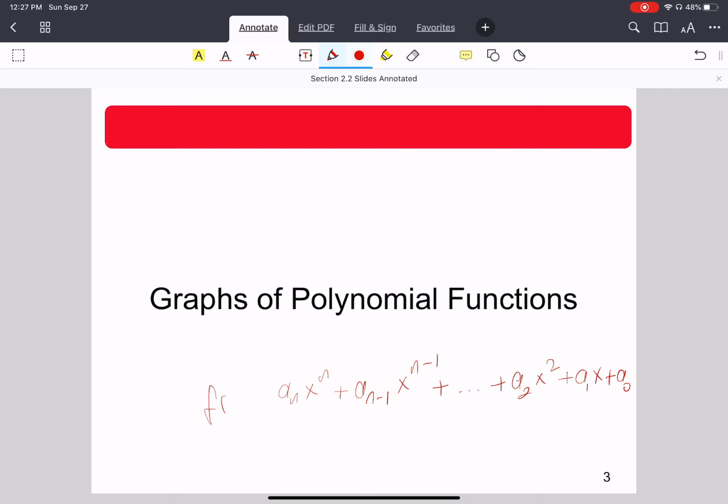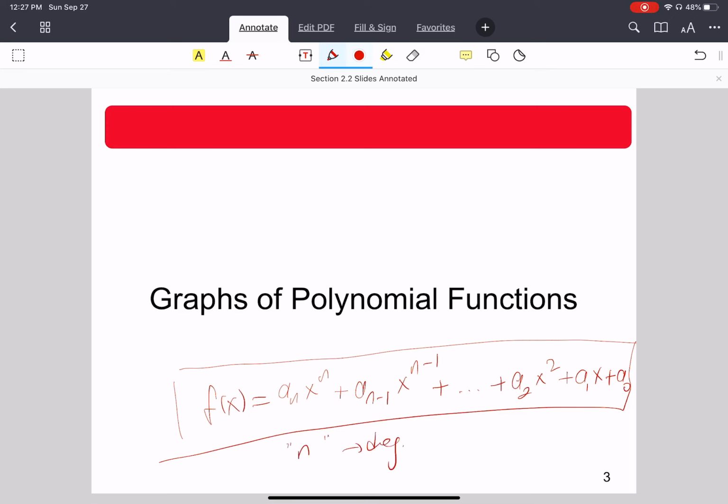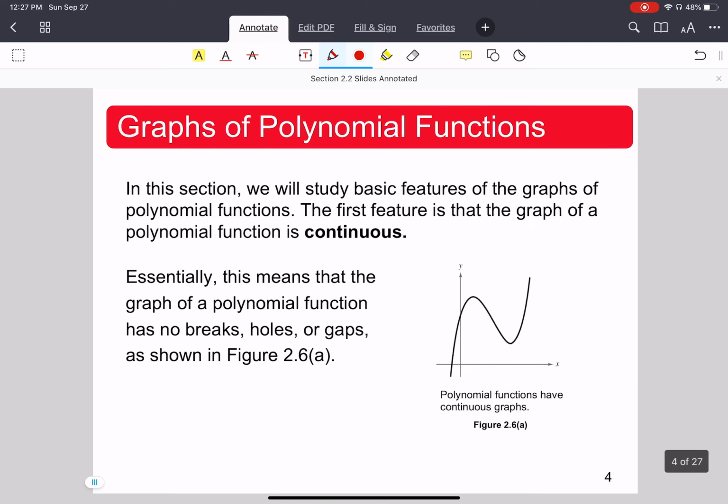These are the types of functions we mean when we say polynomials. Depending on the degree n, the function looks different. If n is 2, then we call it a quadratic function. In this chapter, we're going to talk about more general functions, those with higher degrees, so n is going to be bigger than 2.